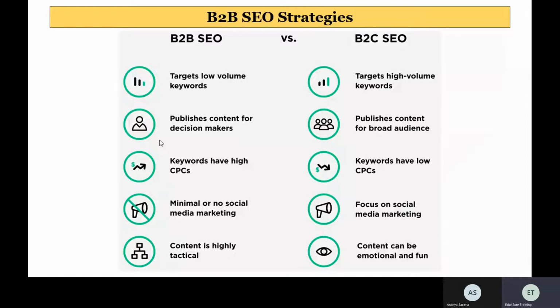Now these vendors buy this keyword, graphic designing agency in Delhi, and if somebody is searching, their website should come on the first page of Google because they are advertising on that. And pay per click, the CPC, is very high in that case.